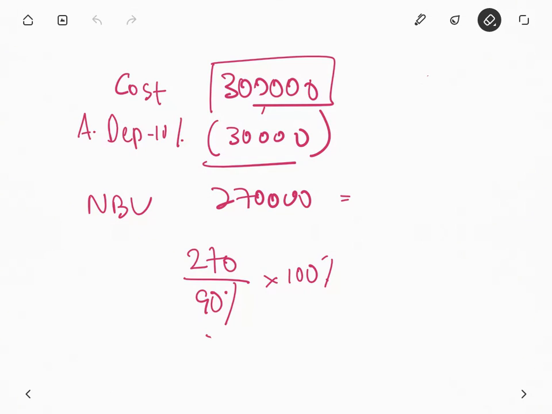Okay, if I tell you here, my original cost, let's say given, my original cost is 300,000 and my depreciation 10% on 300 will be 30. My net book value will be 270. Which one is given? 270 is given. And we know 270 is after 1 year depreciation. This is 90. Can I find original? Yes, 270 divide 90 times 100. This way.